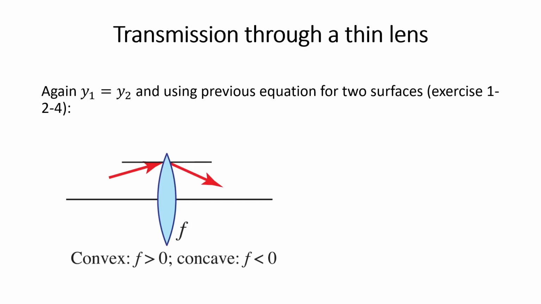So we must multiply two matrices for two spherical surfaces. This remains an exercise for you to show that theta 2 equals theta 1 minus y over f, where f is the focal length of the lens. So the transfer matrix for this system is 1, 0 in the first row and minus 1 over f and 1 in the second row.